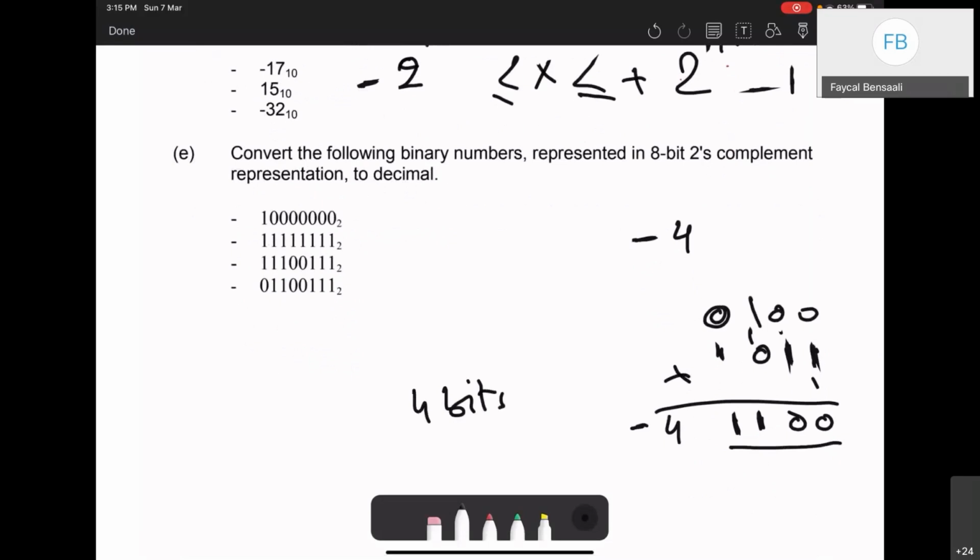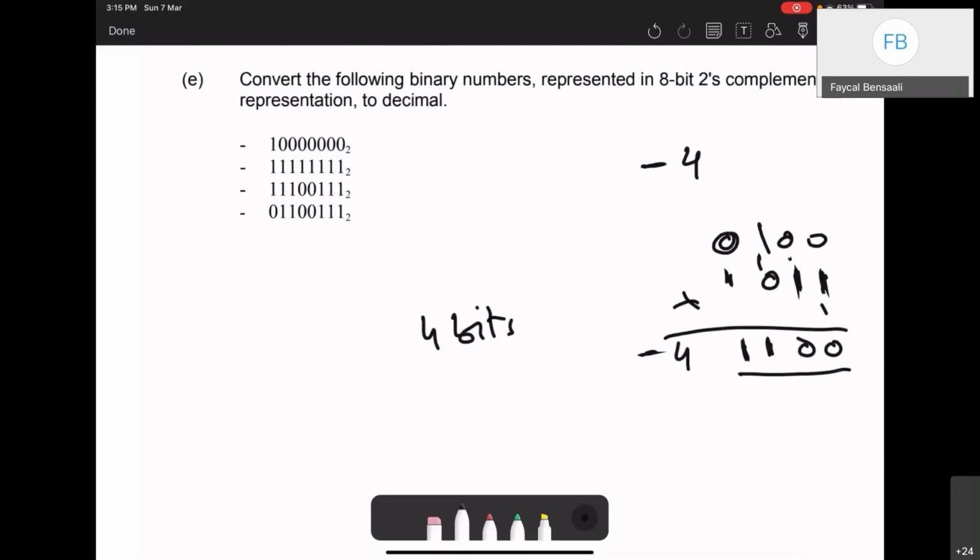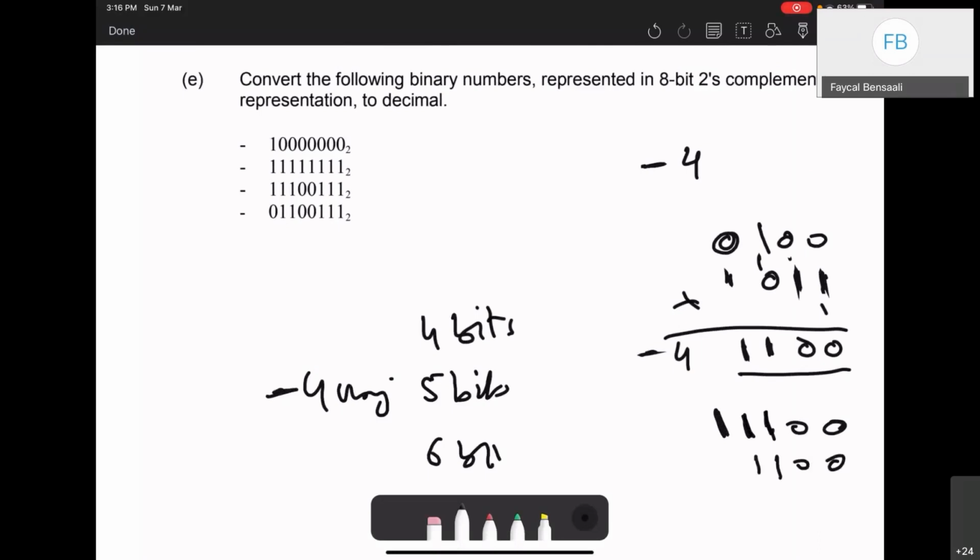Now, if I tell you what is minus 4 using 5 bits, you don't have to repeat this again. If you know what is minus 4 in 4 bits, you just add leading ones. Minus 4 in 6 bits, you just add 1. Instead of adding zeros, we add 1.